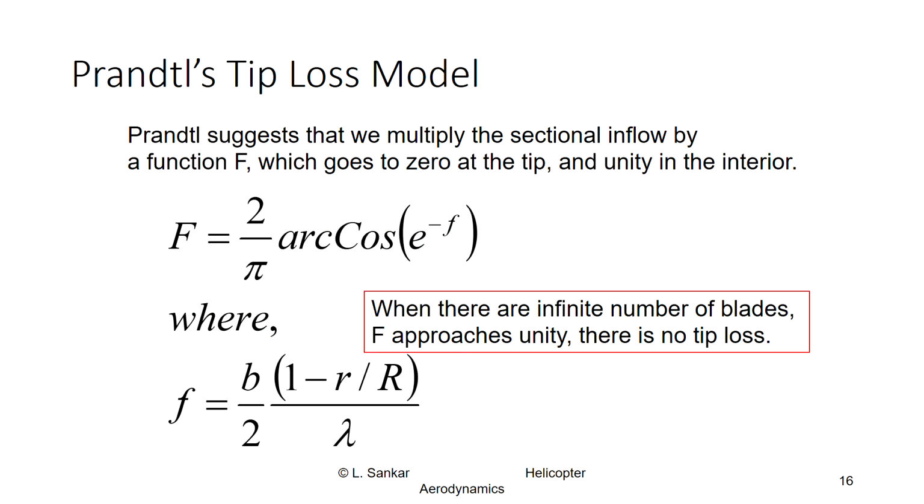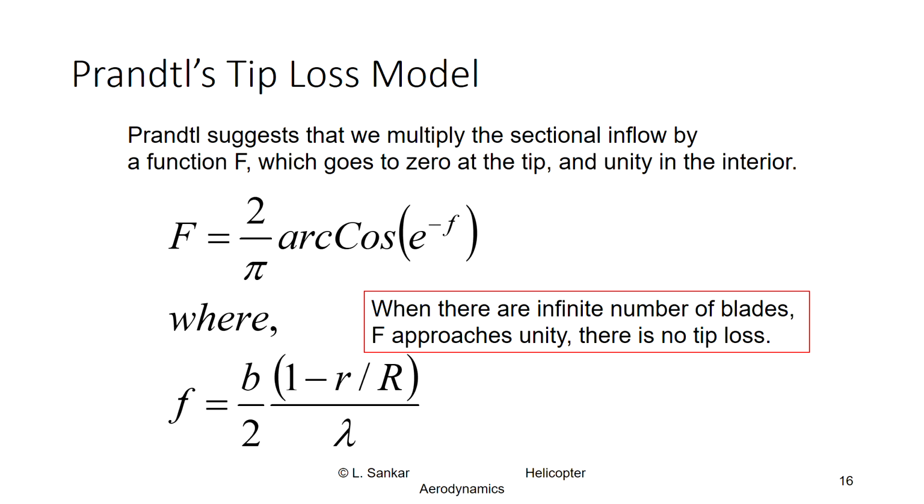Basically, he said first define a function called capital F, which is defined as 2 over pi times arc cosine of e to the power minus lowercase f, where lowercase f is B over 2 times 1 minus r divided by the tip radius, divided by lambda, where lambda is the induced inflow non-dimensionalized by the tip speed, therefore an induced inflow ratio.